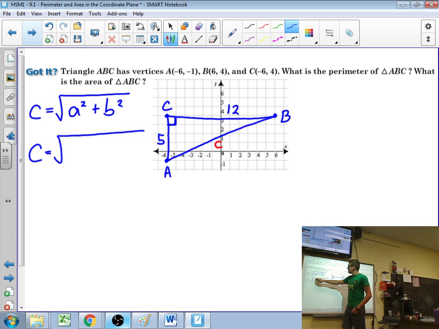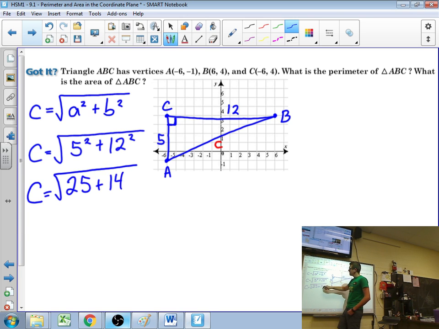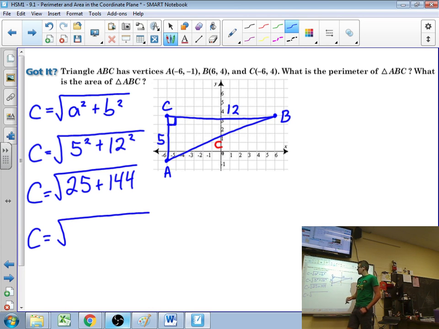So 5 squared, I'll go ahead and write out the work. It'll be radical 25 plus radical 144. That becomes radical 169. Check, is this a perfect square? It actually does work out.